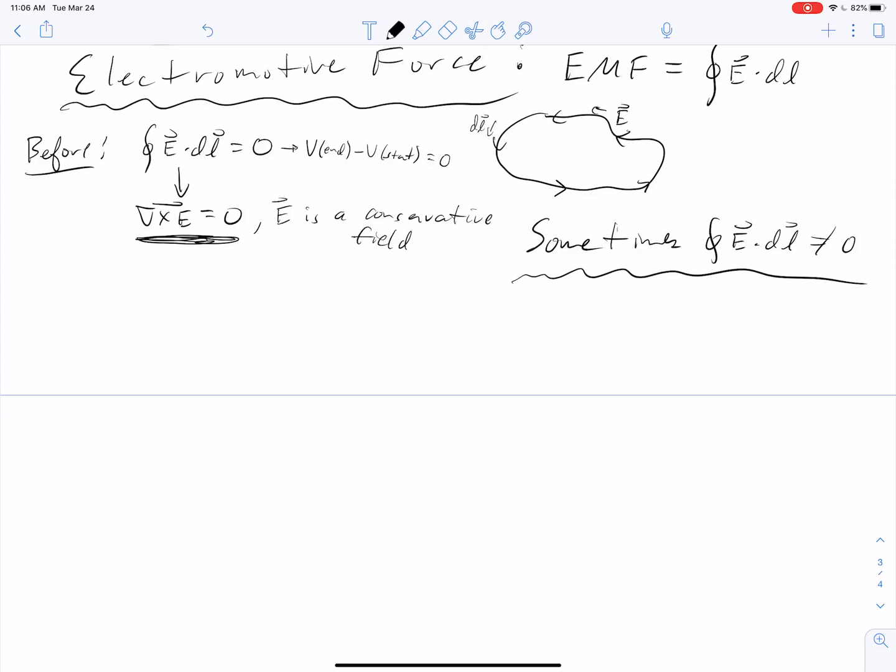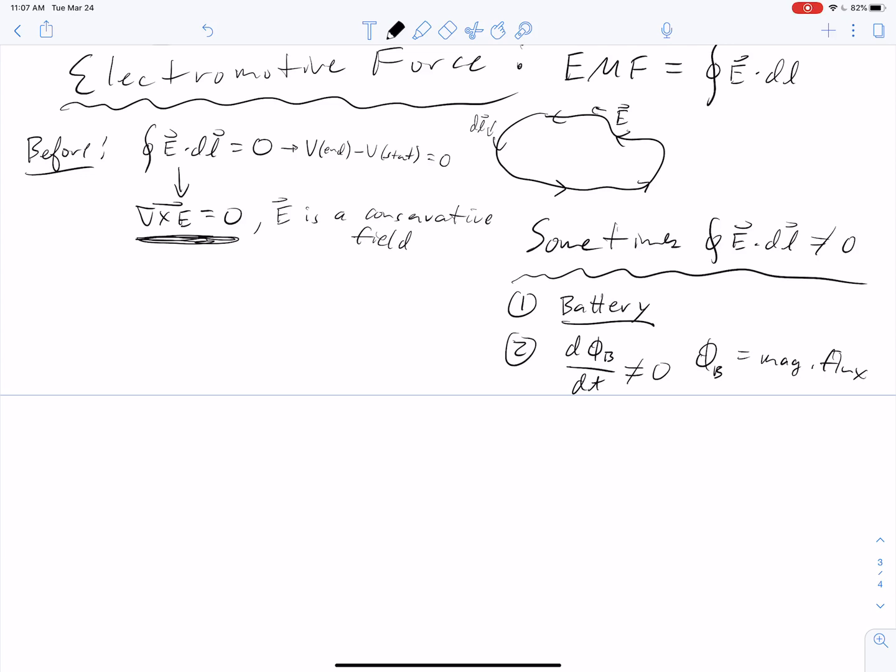The first situation is when there's a battery, and the second situation is when we have a changing magnetic flux, d phi b dt does not equal 0, where phi sub b equals magnetic flux. These are the two situations when EMF does not have to be 0.